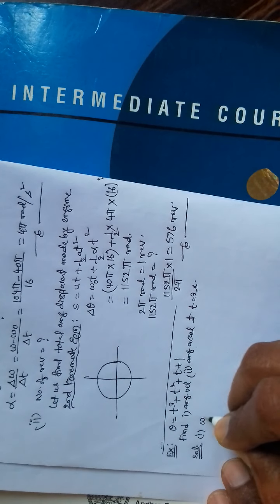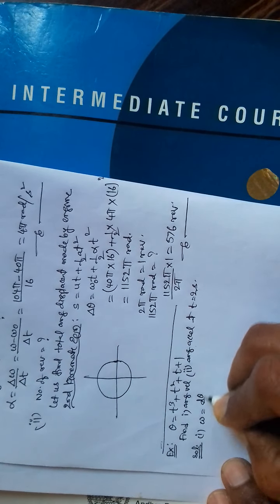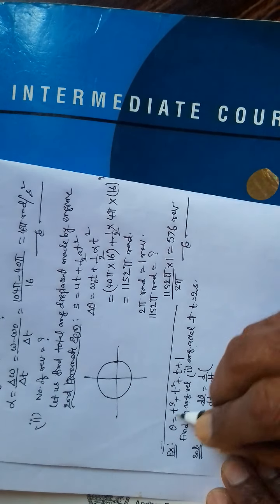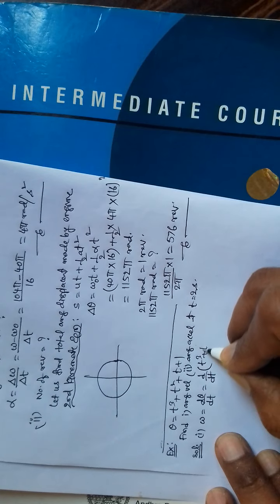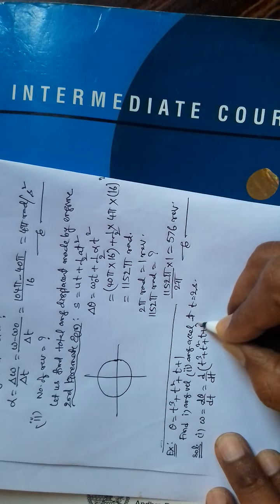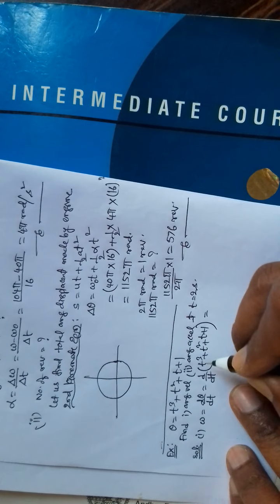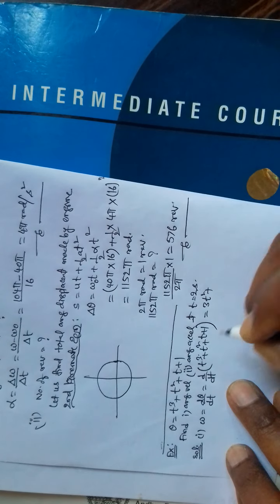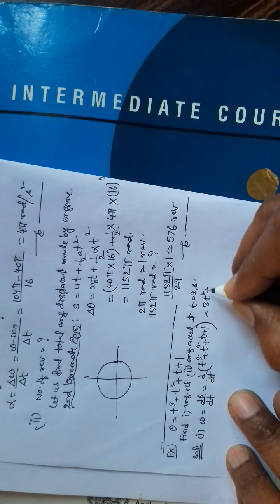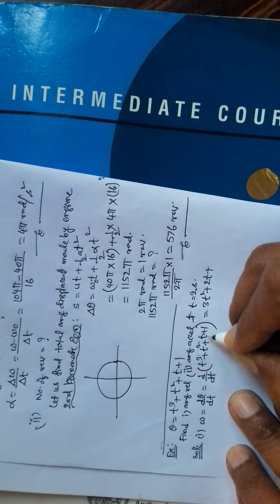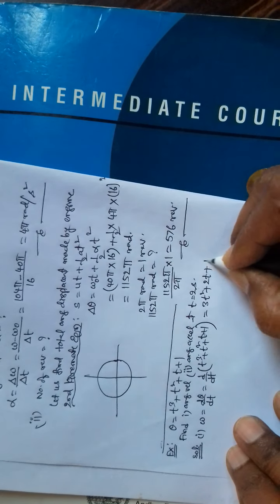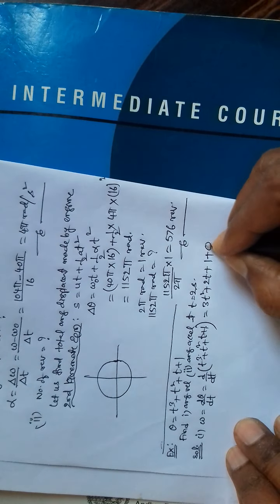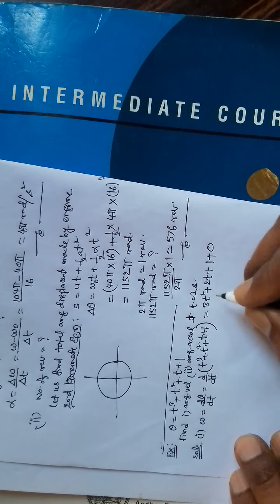Angular velocity means omega, that is equal to d theta by dt. d by dt of theta value t cube plus t square plus t plus 1, that is equal to, if you differentiate t cube with respect to t, you get 3t square, and if you differentiate t square, you get 2t, and if you differentiate t with respect to t, you get 1, and if you differentiate a constant with respect to t, you get 0. So you got this much.